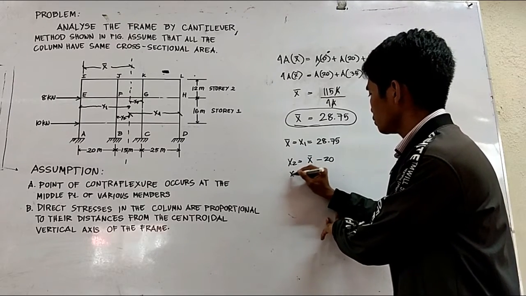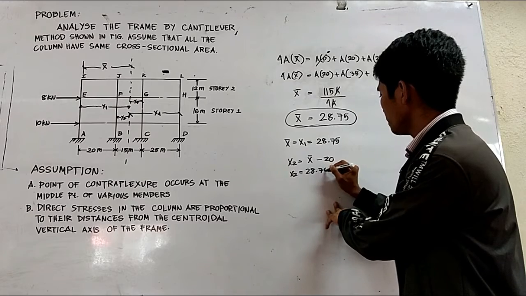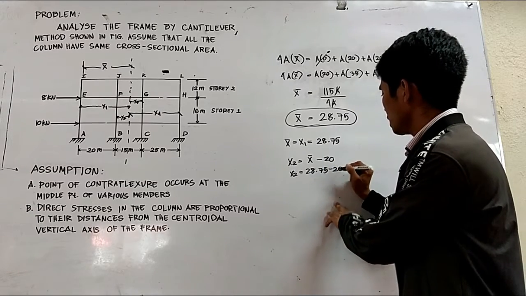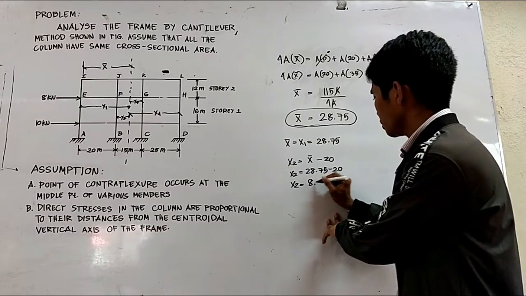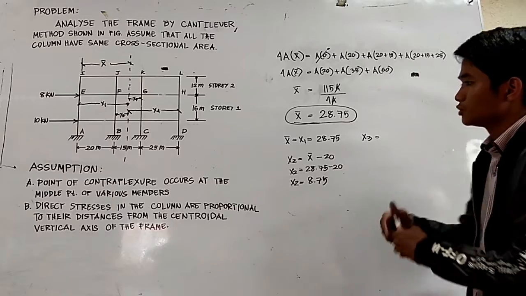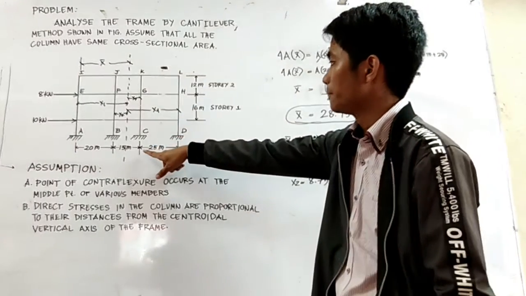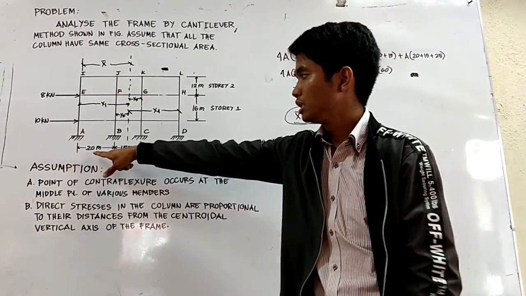So X2 is 28.75 minus 20, which equals 8.75.